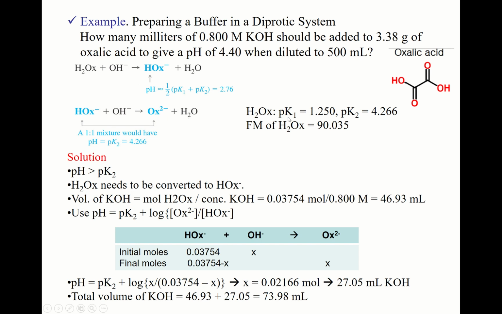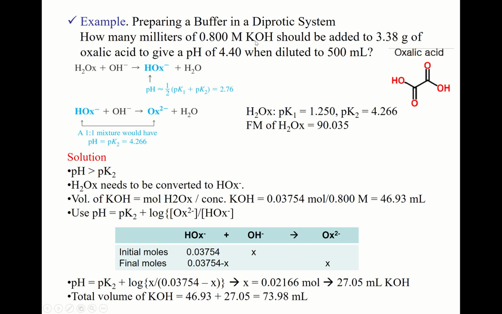Now the question is to prepare a solution of pH 4.40, starting only from oxalic acid, then we add potassium hydroxide.